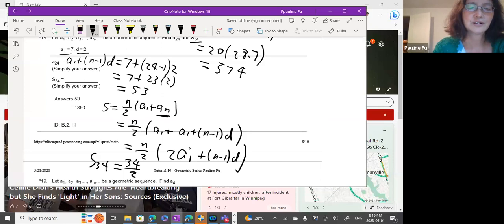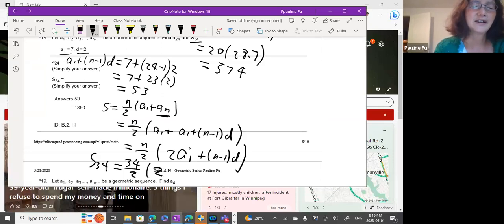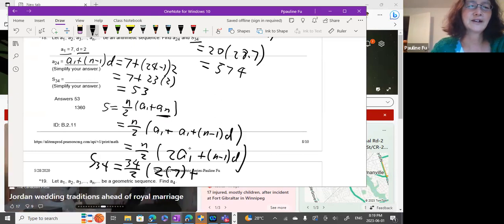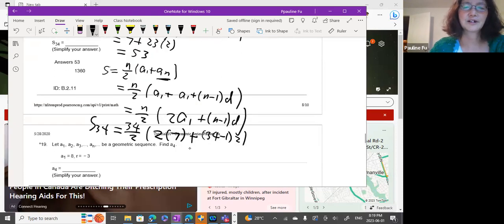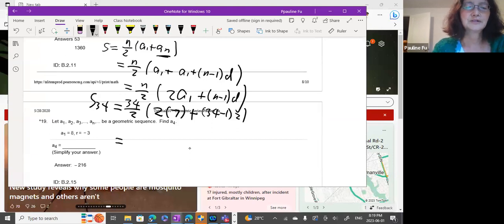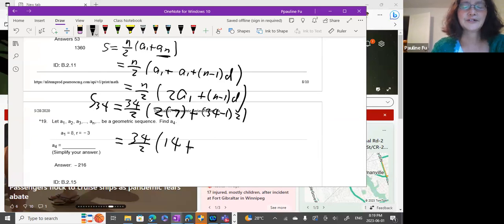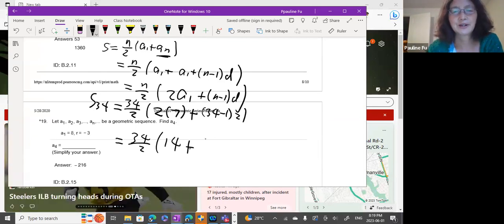34 over 2 times 2A1, A1 is 7, plus n minus 1, n is 34, minus 1 times d. d is 2. Okay. And then equal to 34 over 2 times 14 plus 33 times 2, 66.